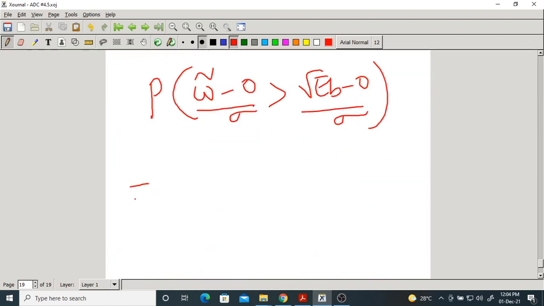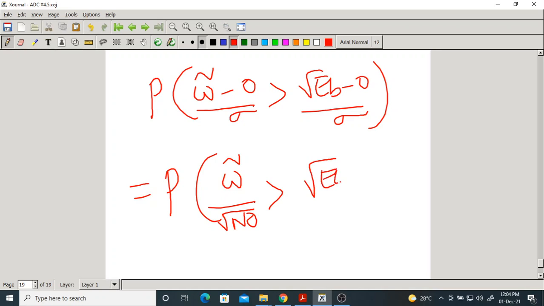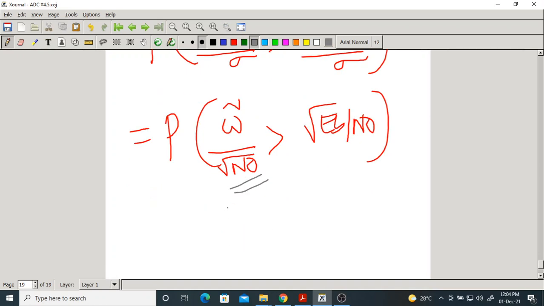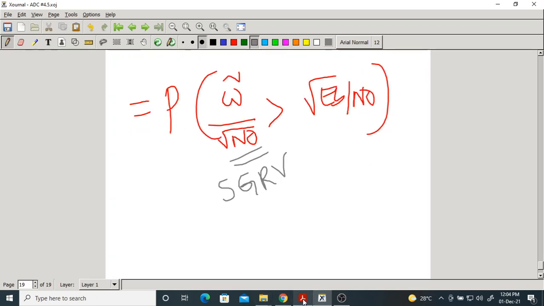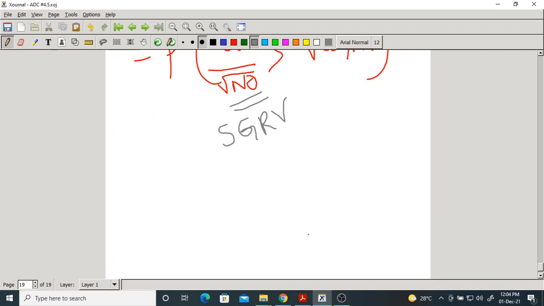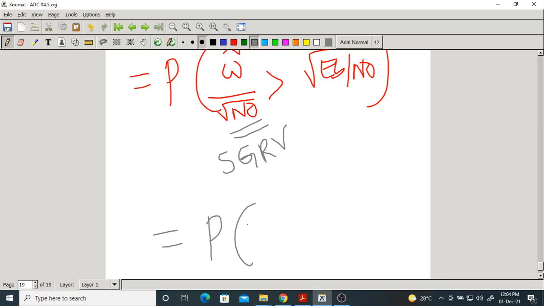So it is the probability that w tilde divided by root N naught is greater than root Eb by root N naught. Now this is a normalized standard Gaussian random variable, so this probability is nothing but Q of root Eb by N naught.